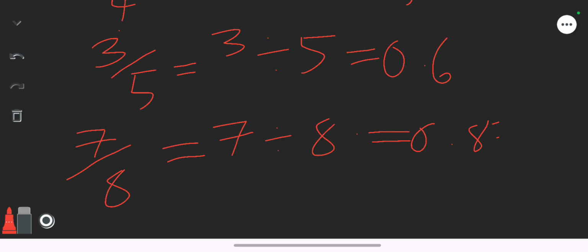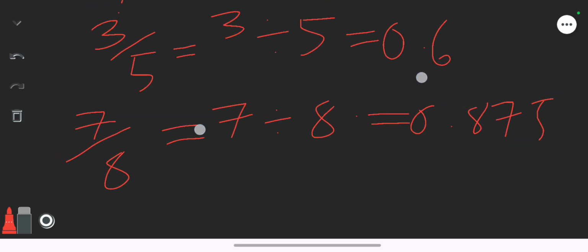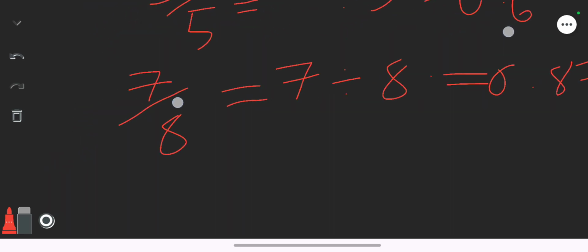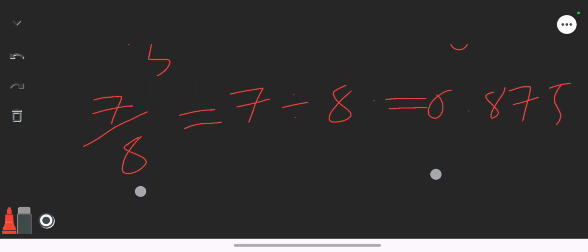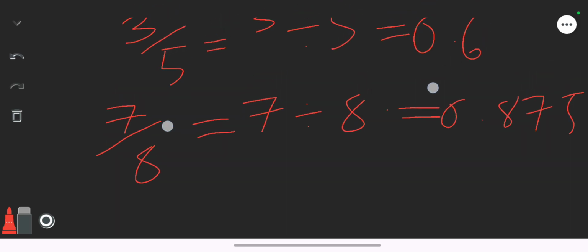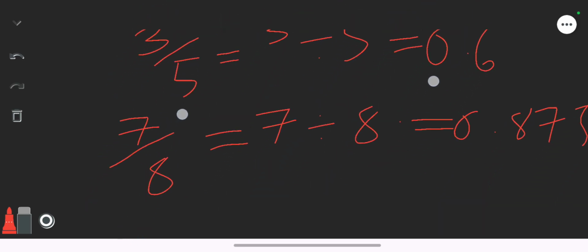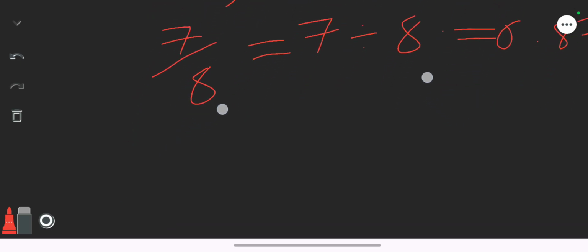All right, there we go. This is a very simple example of how you can convert a fraction into a decimal. Okay, so we are done with it.